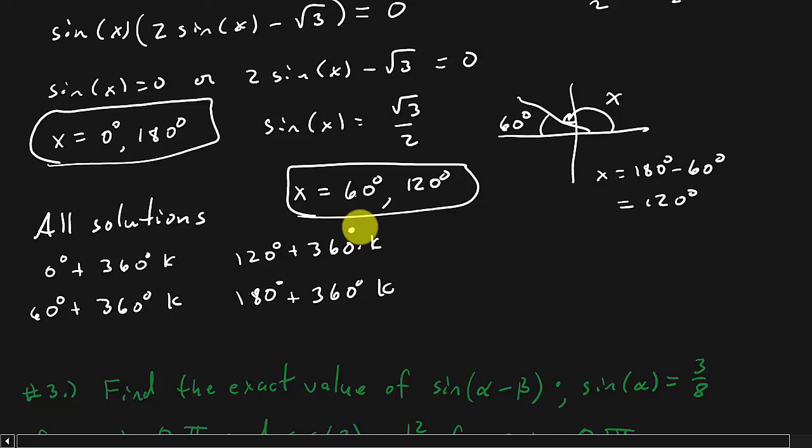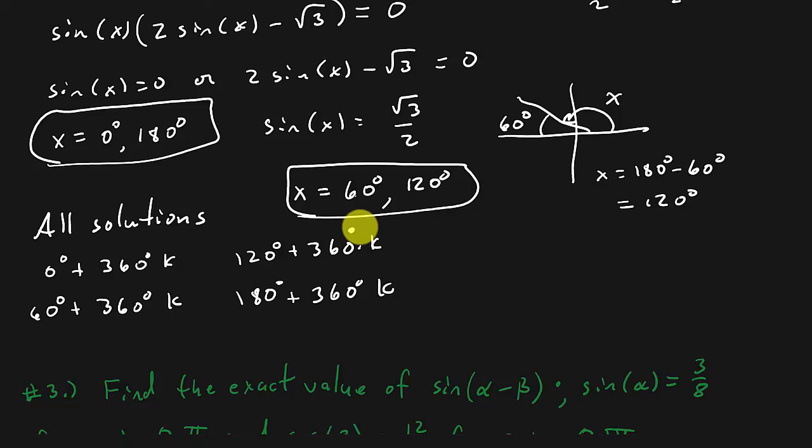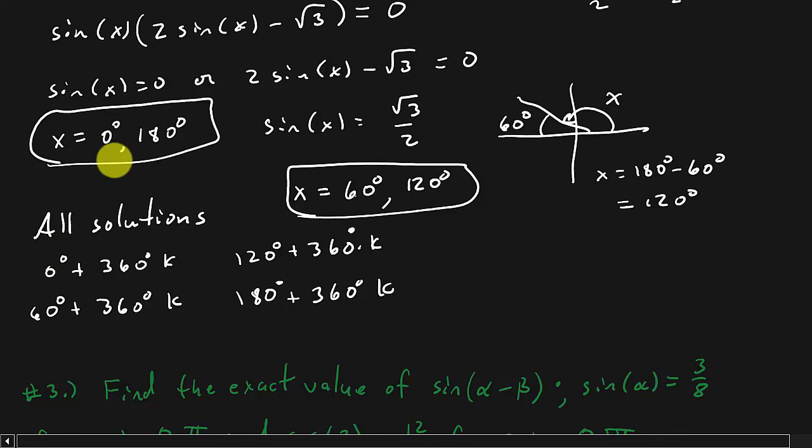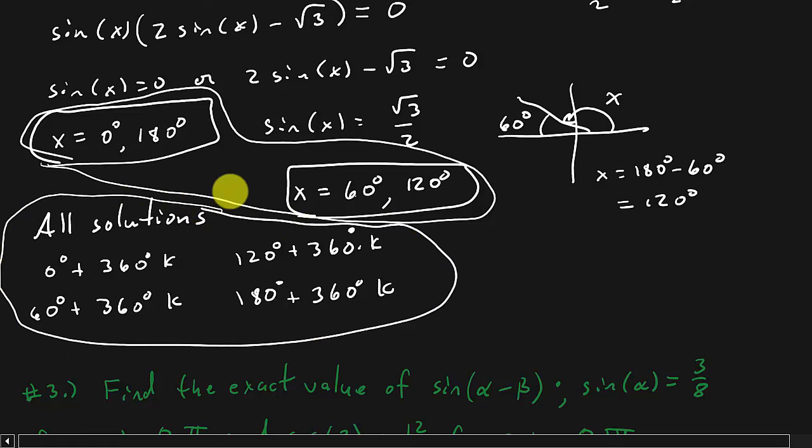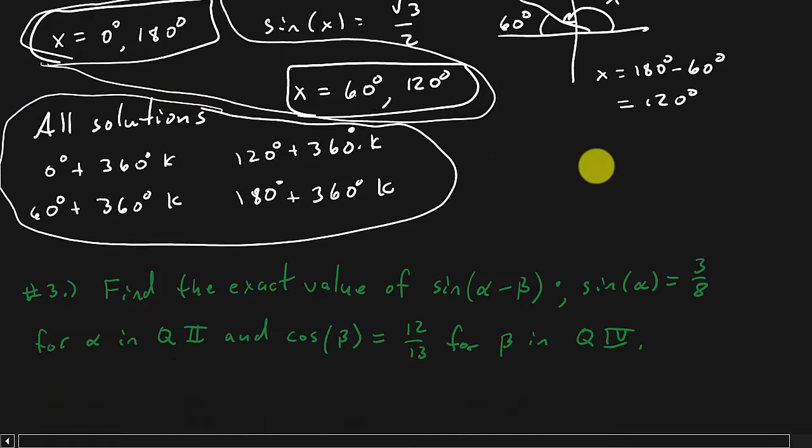So basically you find your solutions, and then to find all of them, you add a 360k to it. And then that means it just keeps going around forever. So this up here, that's the solutions between 0 and 360. And this is if they ask you for all solutions.